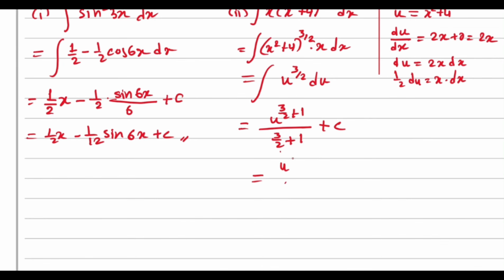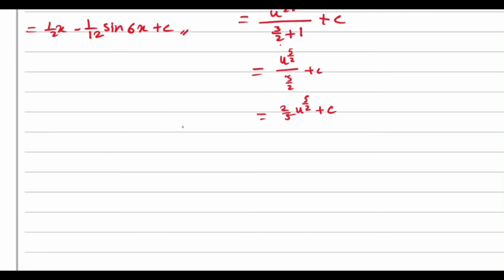Simplifying this will give us (5/2) divided by (5/2), plus c. Again, if we simplify it for the last time, this will give us 2/5 u to the power of 5/2 plus c. So this is our equation.